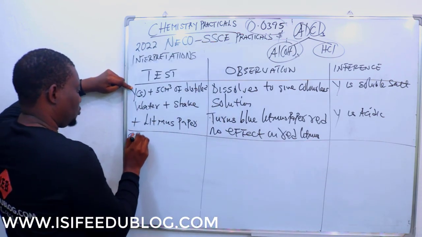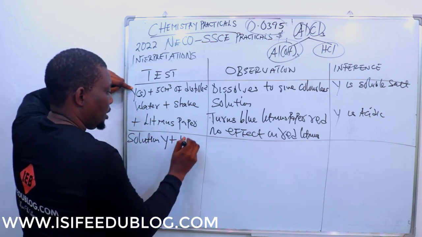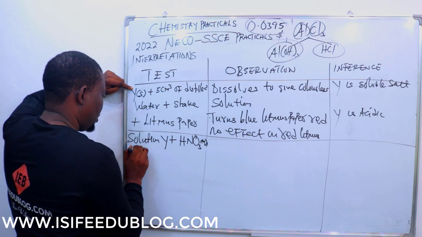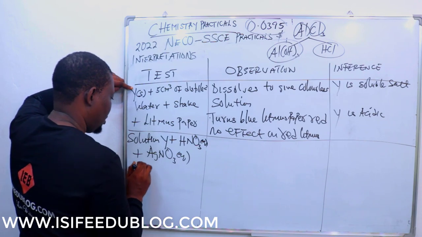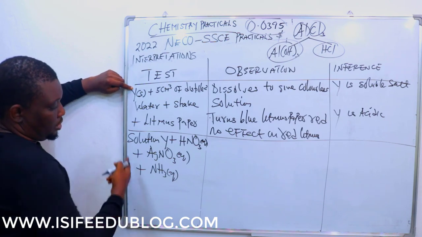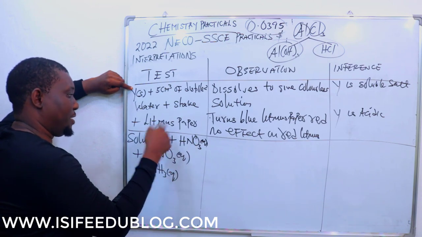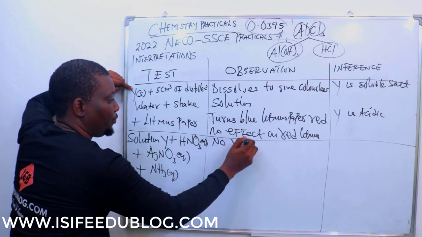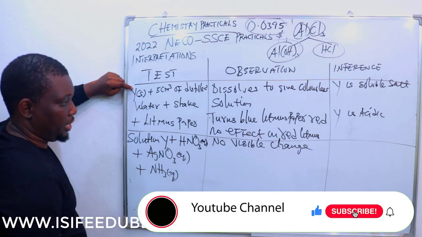So it will now be solution Y plus HNO3 aqueous plus AgNO3 aqueous plus NH3 aqueous. Should make sure all these things are in alignment. So here, to get rid of interfering ions, HNO3. No precipitate or no visible change here. No visible change. You don't see any precipitate as well. So there's no change here.